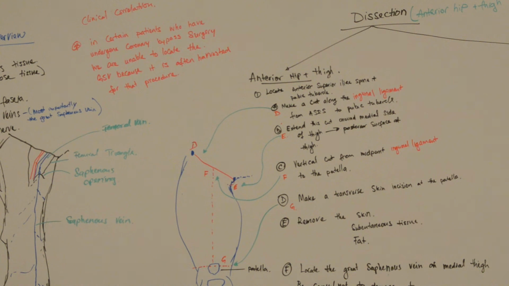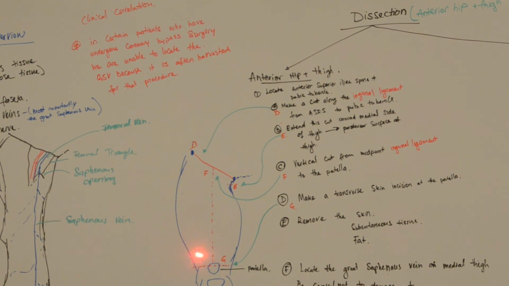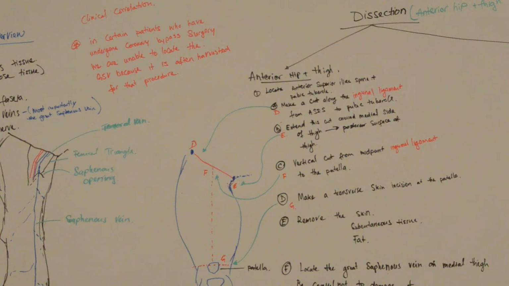So the inguinal ligament, we made a cut right here. So from the midpoint of that, we make a vertical cut from here down to the patella. After we make that cut, we want to make another cut, a transverse cut along the patella, so that it's easier for us to remove the skin. So the next step is to remove the skin, subcutaneous tissue, and the fat.